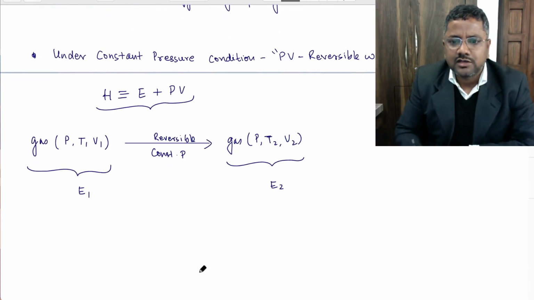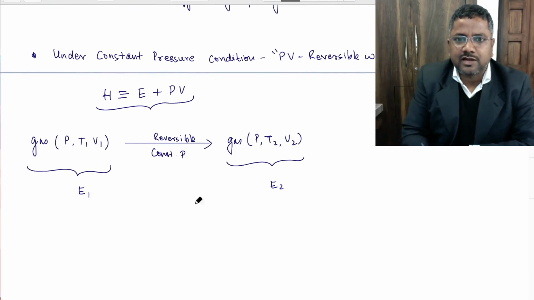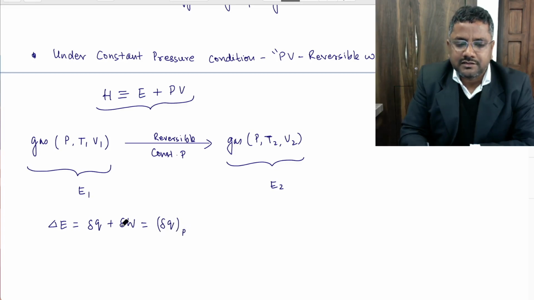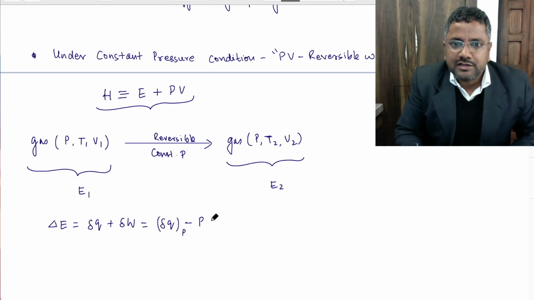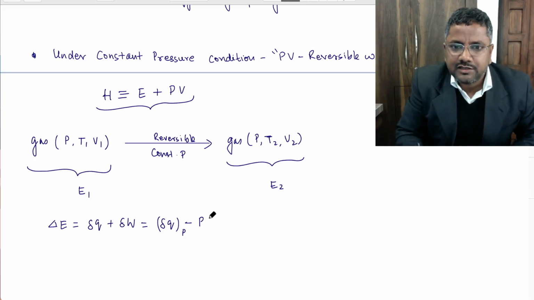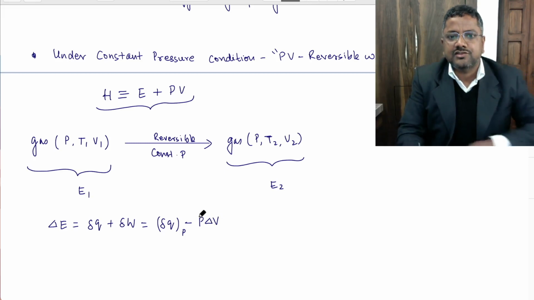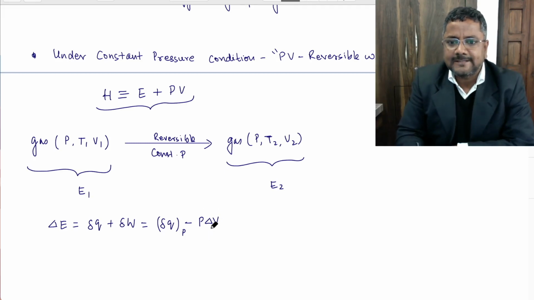E1 and E2. So we can write the thermodynamics first law, delta E is equal to delta Q plus delta W, right? And we can write delta Q at constant P, and in place of W we can write minus P delta V, right? Constant pressure, P delta V, right?